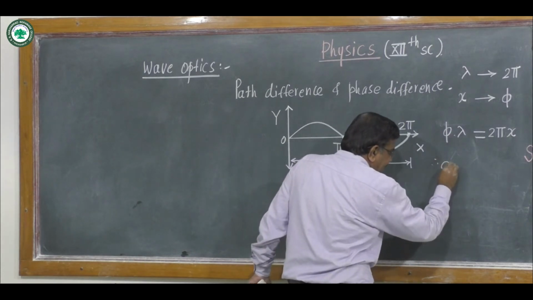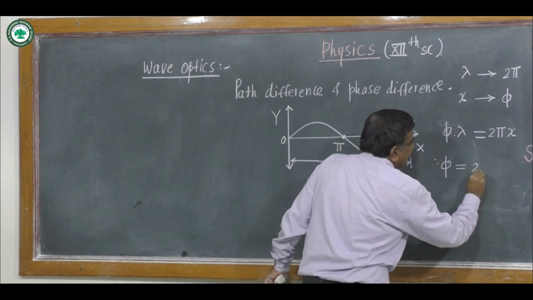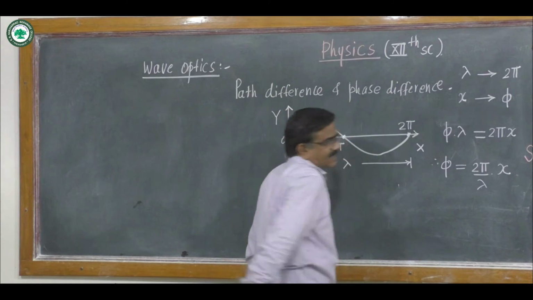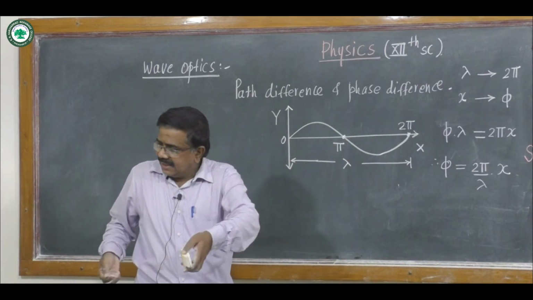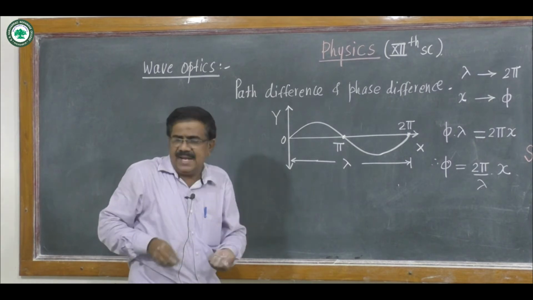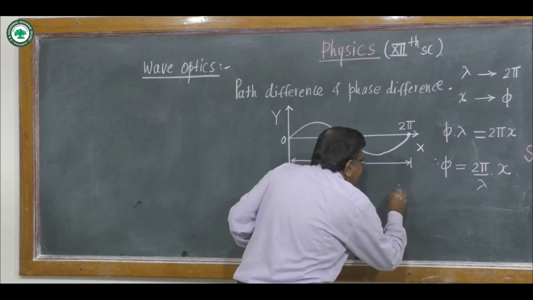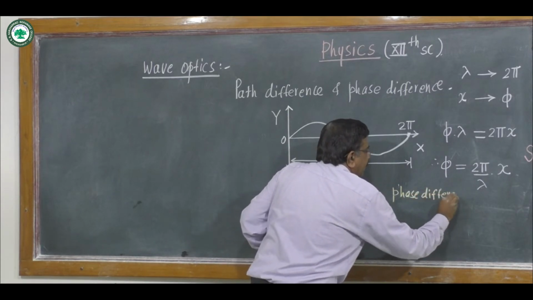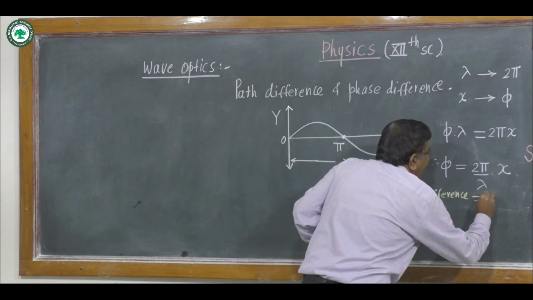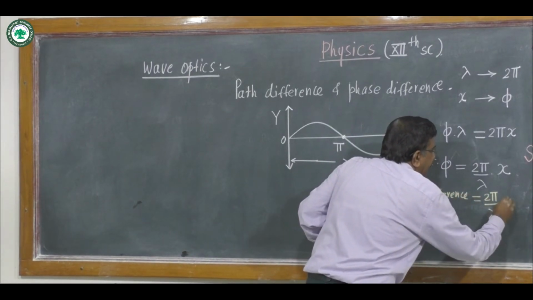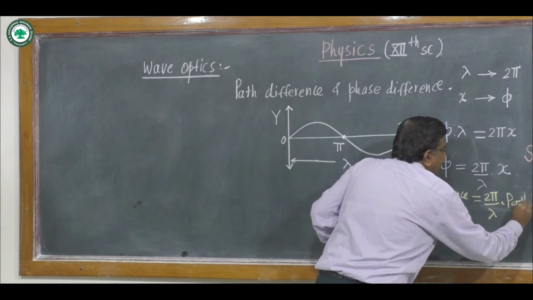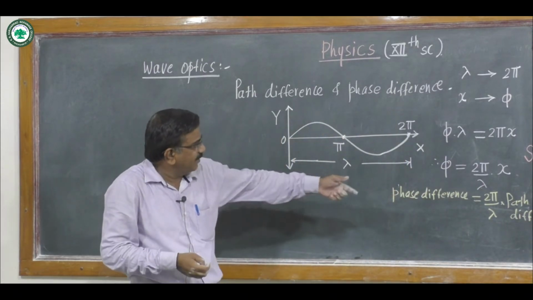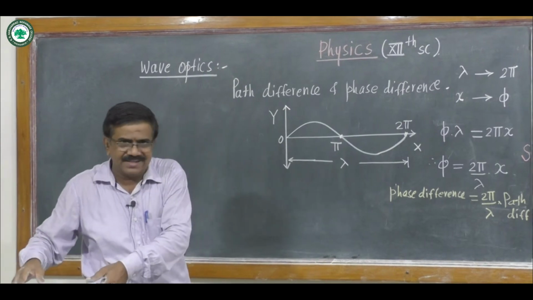Therefore, phase difference phi is equal to 2 pi by lambda into path difference x. This is the relation between phase difference and path difference.